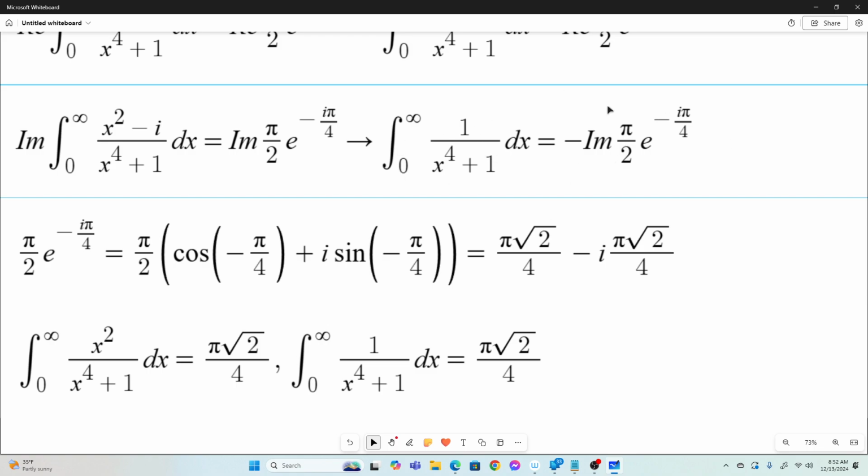No, you know what? I did not make a mistake here. All I did was bring the negative over here. I just brought the negative sign from this integral over here. So this was actually correct.